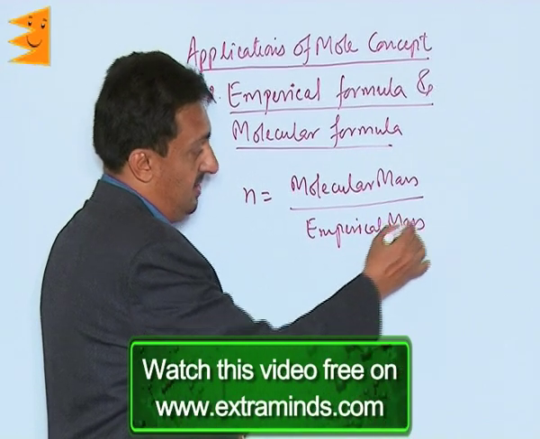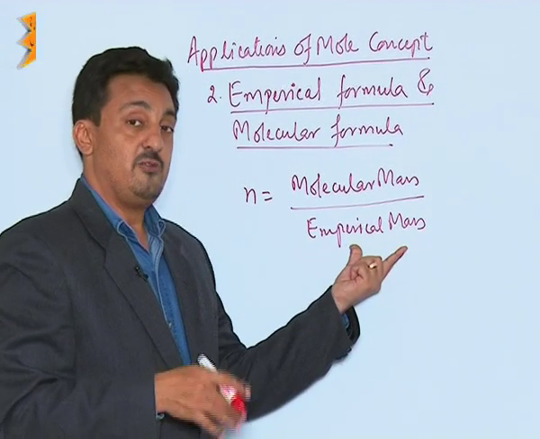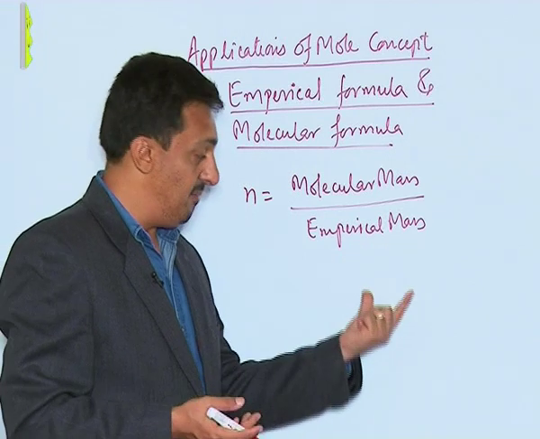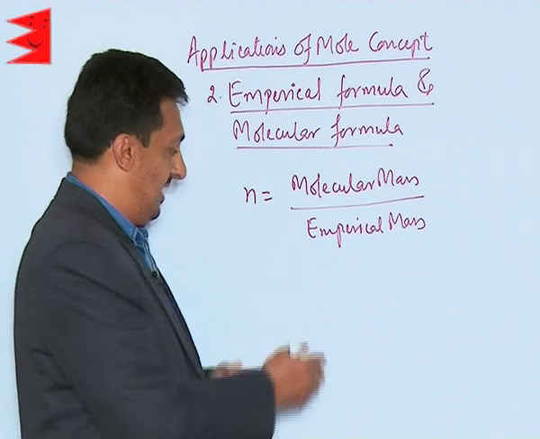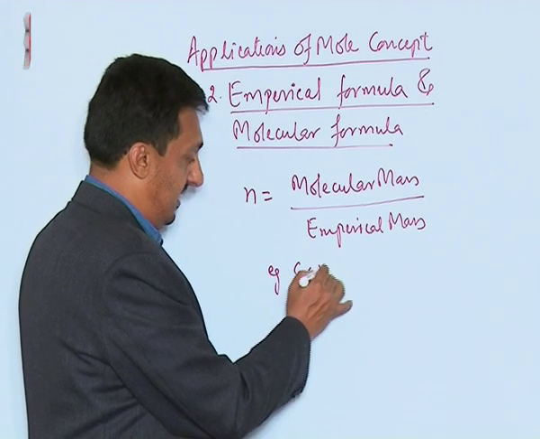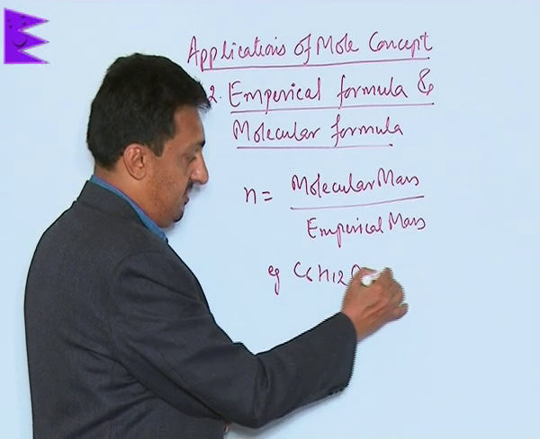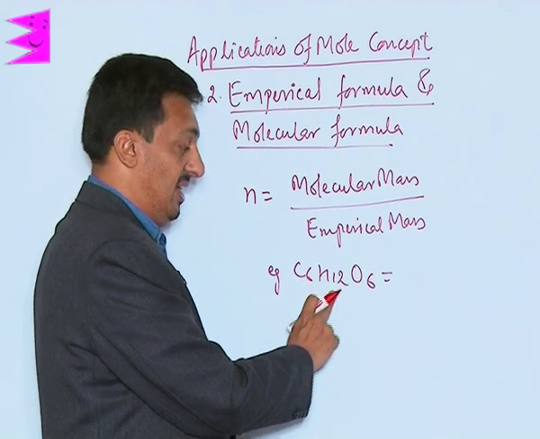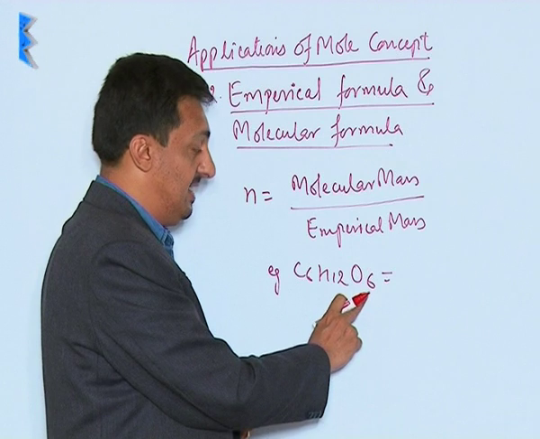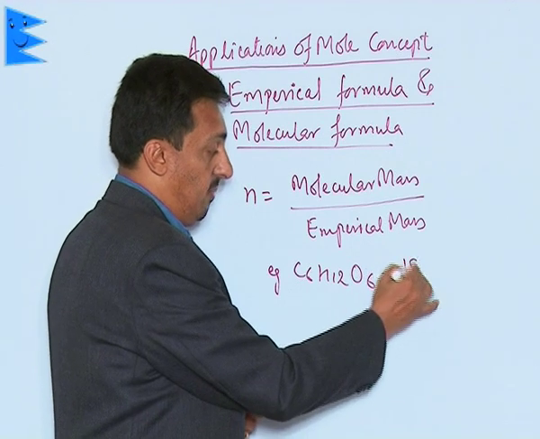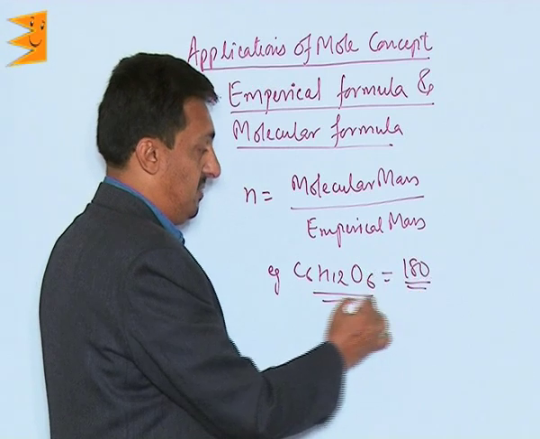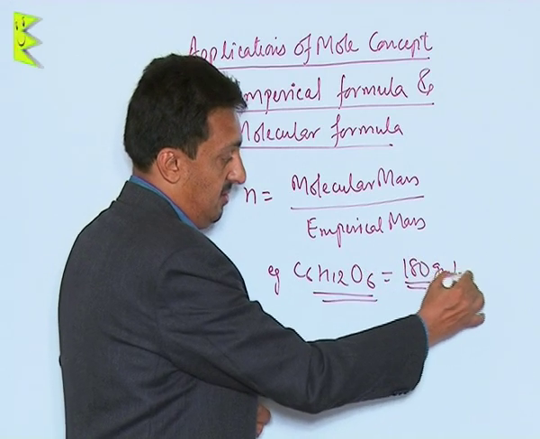Empirical mass is what? It is the mass of the empirical formula. So for the example we have taken here, C6H12O6, it is 12 times 6 is 72, plus 12, plus 16 times 6 is 96, which makes it 180. So we know the molecular mass of this is 180 grams per mole.